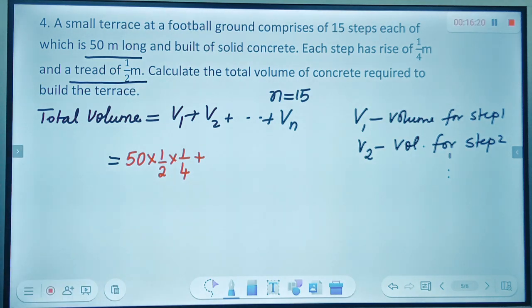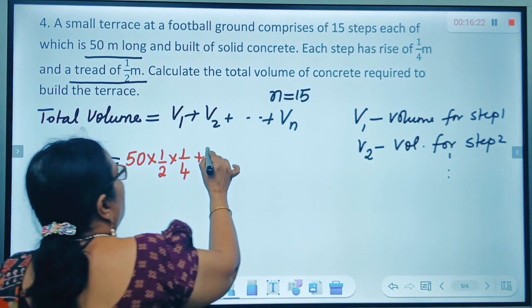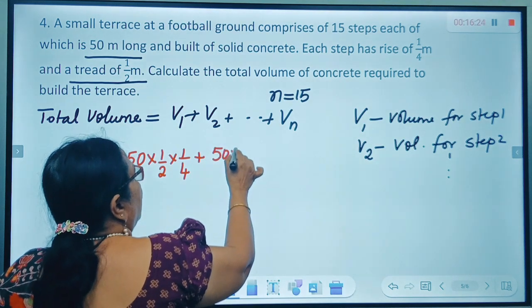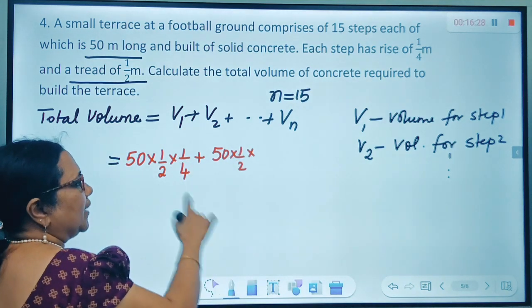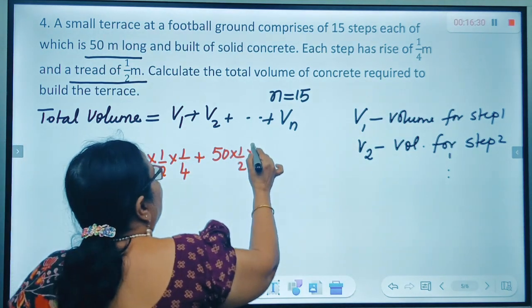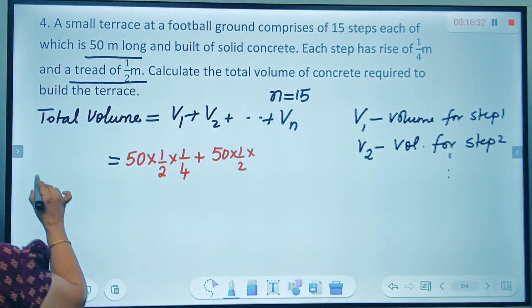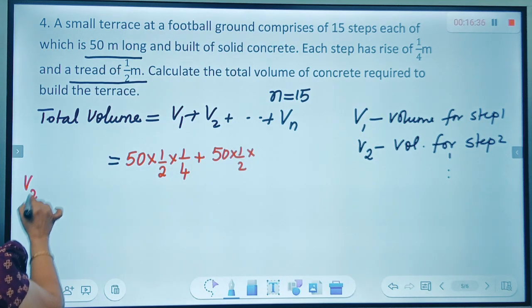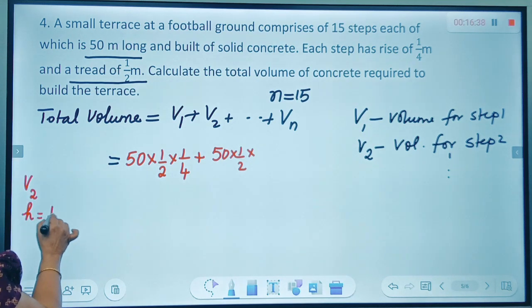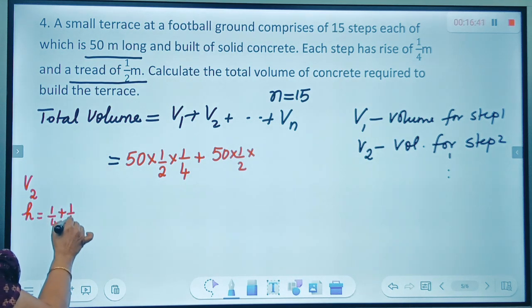That is the first step. What will be the second step volume? 50 into half. Height alone will increase, half by 1 by 4. So I will get 1 by 4 into 2. So this is your V1. Now for V2, the height will be 1 by 4 plus 1 by 4, which is 2 by 4.